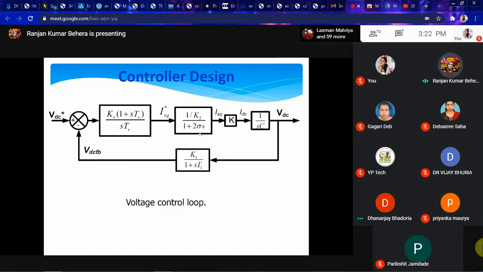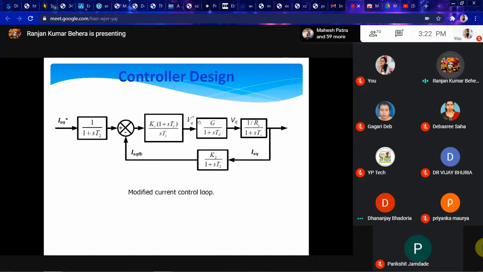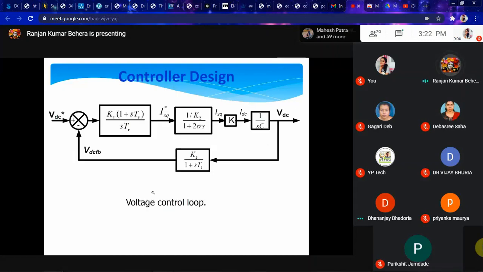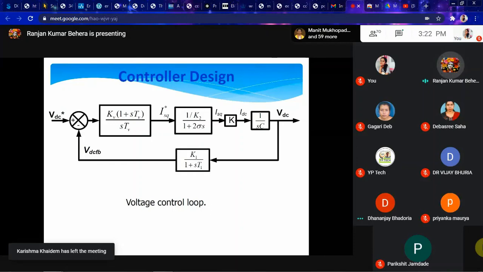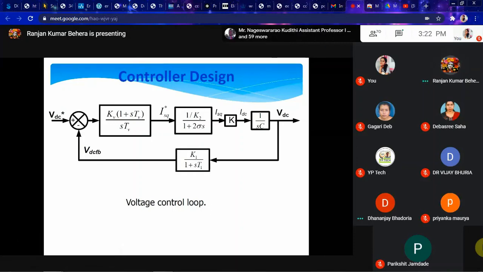Then this complete current controller, I have taken as a small gain K, then the complete design I have done. And then the voltage control: the current controller is very fast and the voltage controller is very slow. That's why we first design the current controller, then we design the voltage controller.